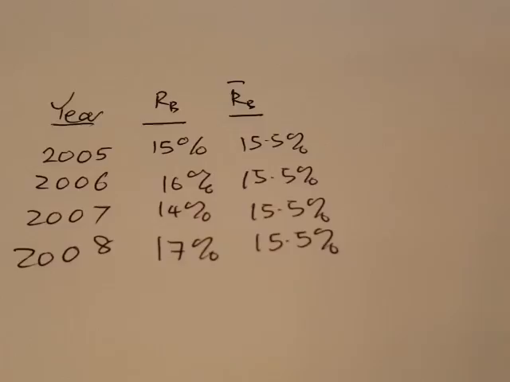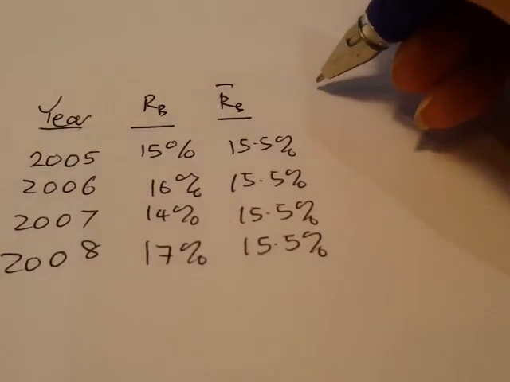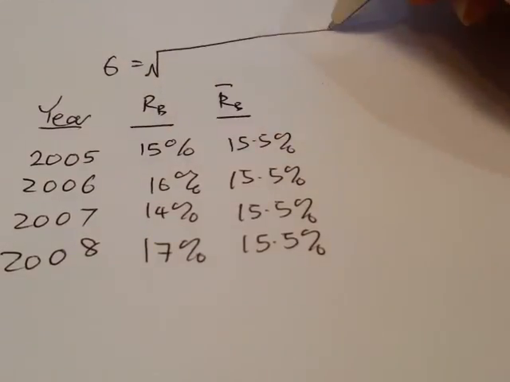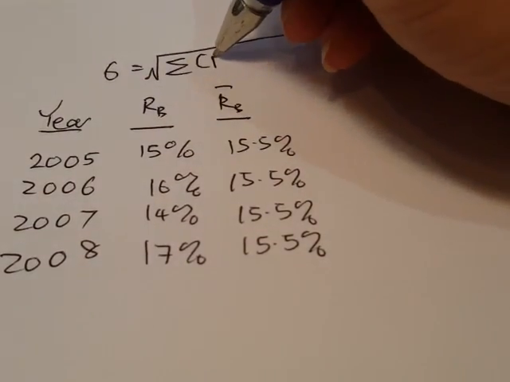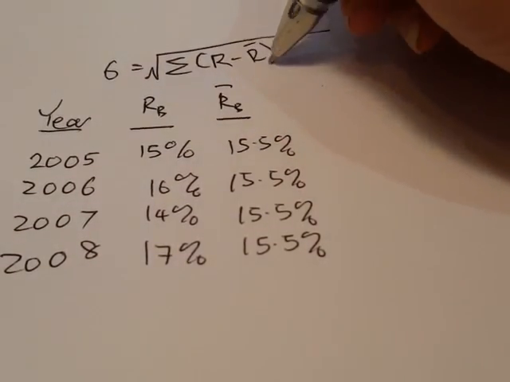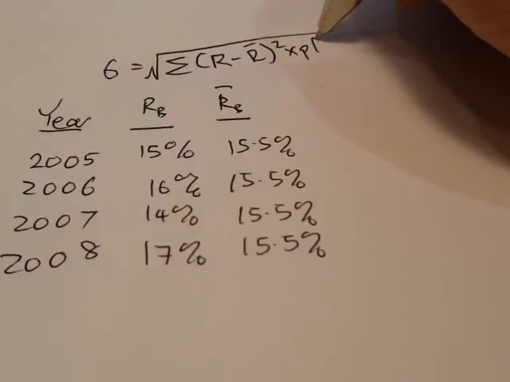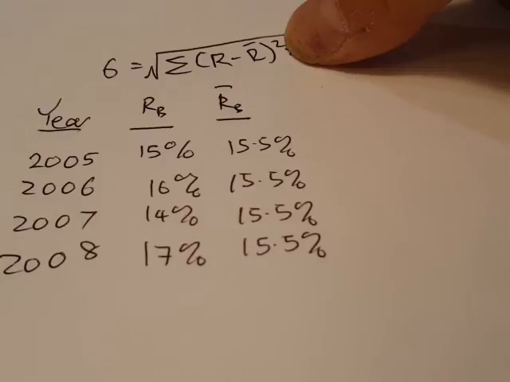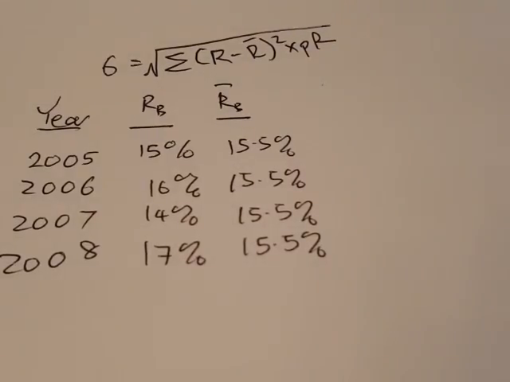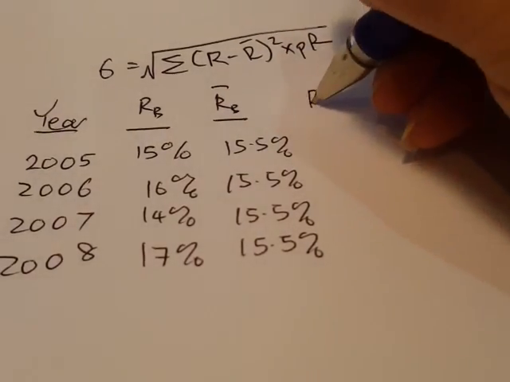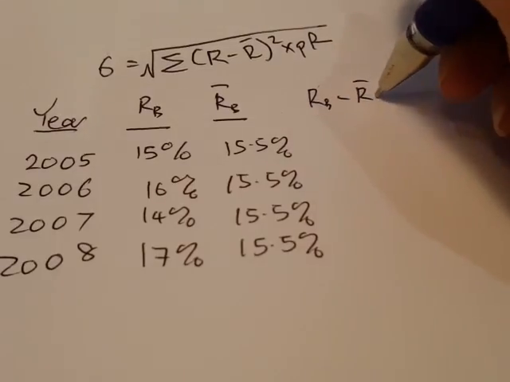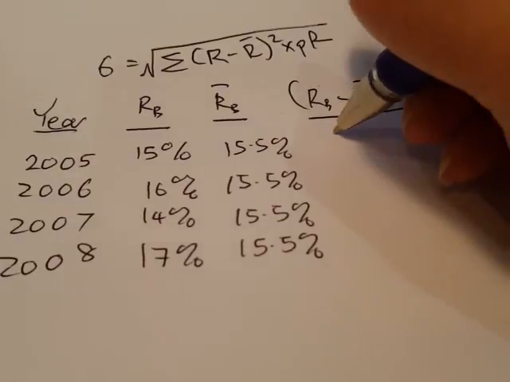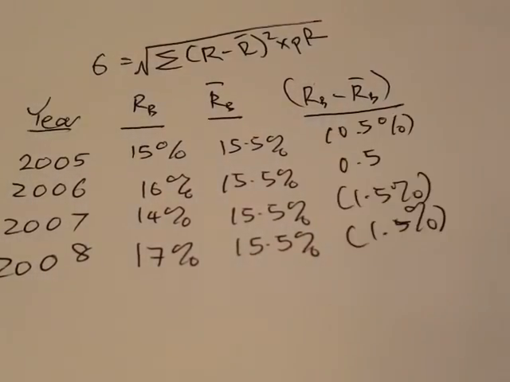For this is B, and the next step for standard deviation formula is the square root of summation R minus R bar to the power 2 times probability. We are just looking at these two without probability since there's no probability. So R minus R bar, you're going to get the following.